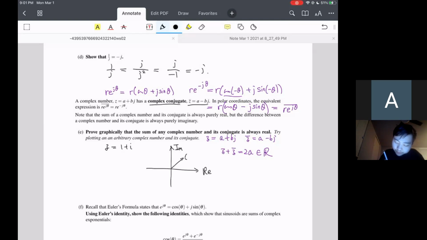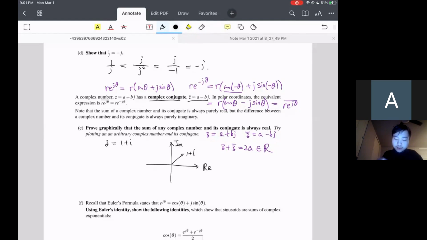Okay, so this is our number, 1 plus j. Its conjugate is just 1 minus j, which corresponds to coordinates (1, negative 1). So that is 1 minus j.